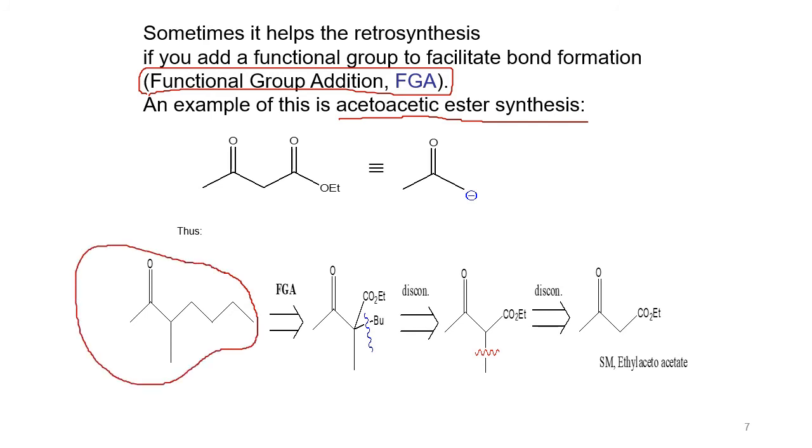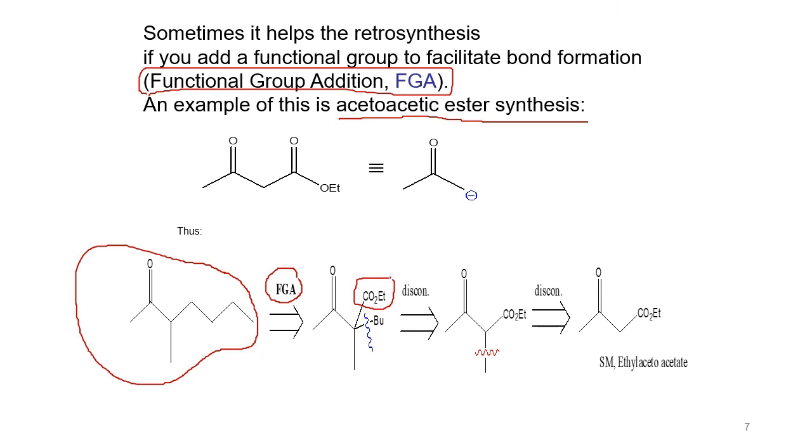If you look at the product, it has so much alkane chain here. So what you can do is add a functional group to it. It is called FGA. From these branches, this is the butyl, you add this functional group.